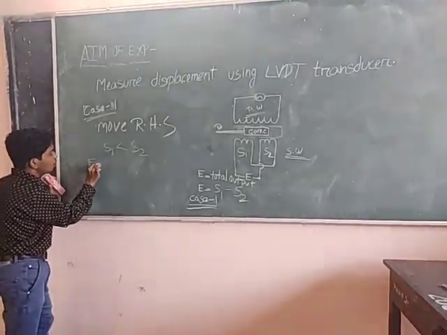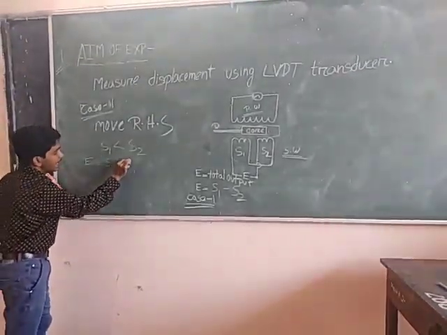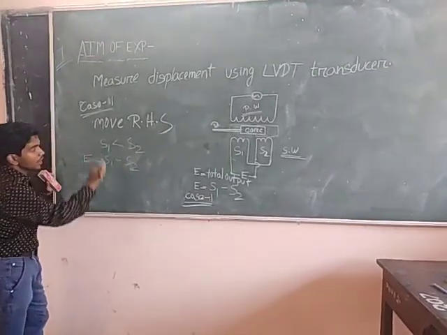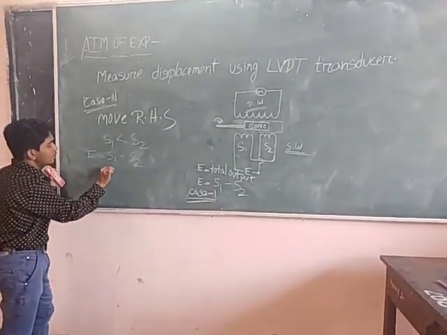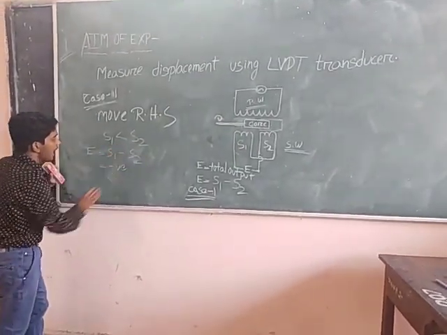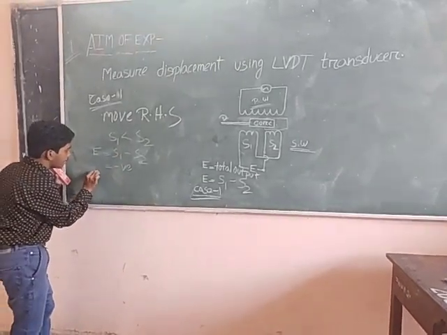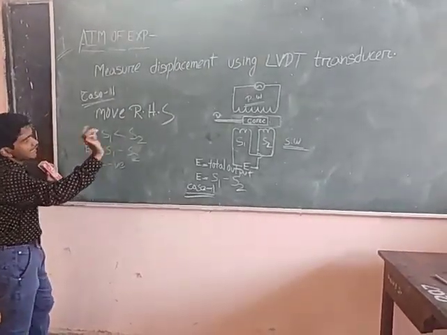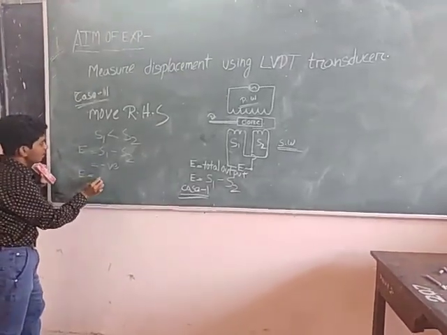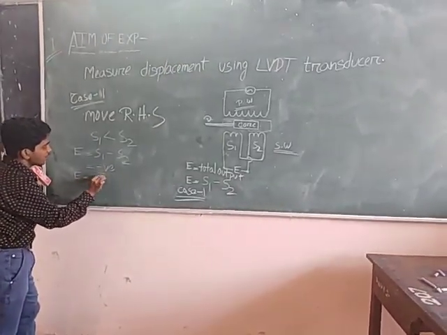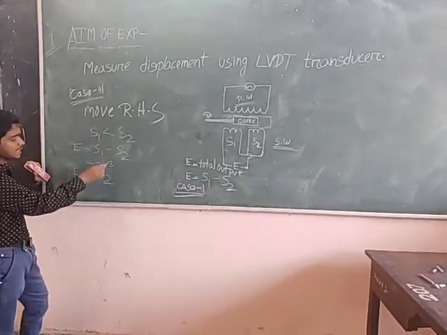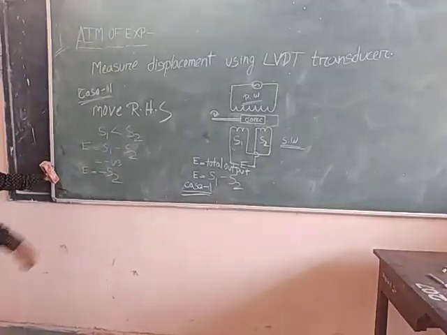So E is equal to S1 minus S2, and S2 is bigger than S1, so E is some negative value at that point. At the last point of the right hand side movement, E is equal to minus S2, because the sign is not the same.